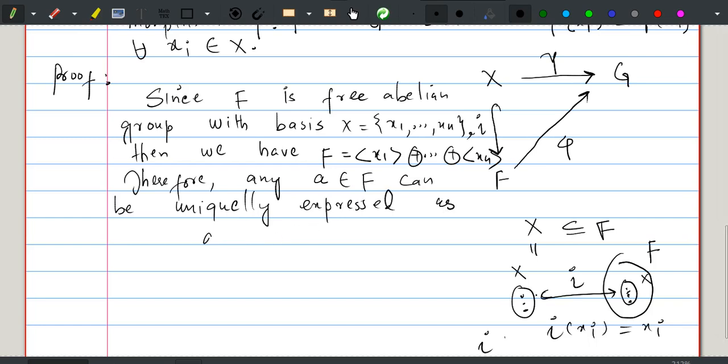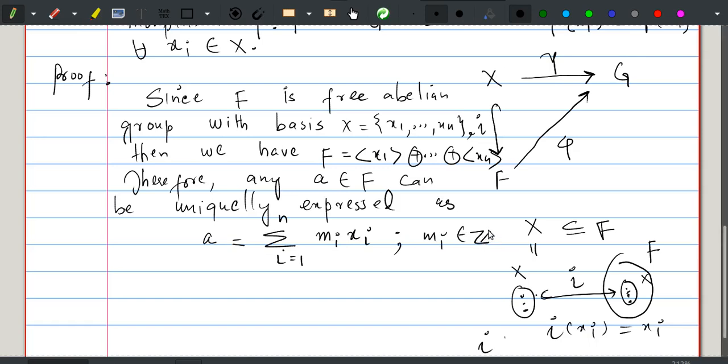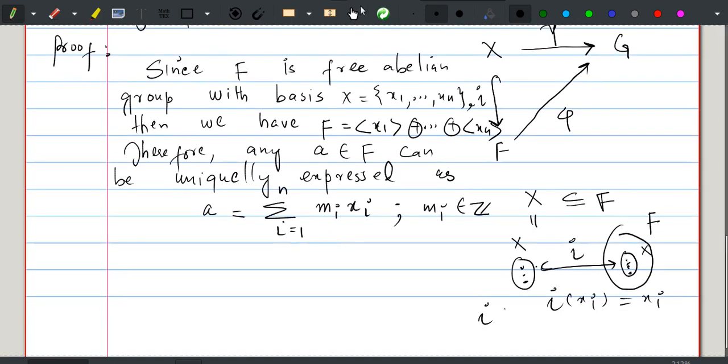A has this unique expression, the sum as i runs from 1 to n of mi xi, where these mi's are integers. So this is true for all mi's.